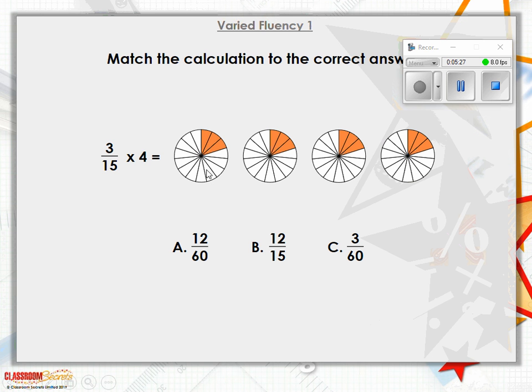You've got 4 lots of 3/15. So each shape has been divided into 15 equal parts and 3 parts have been shaded. So which one of these do you think is the correct answer?